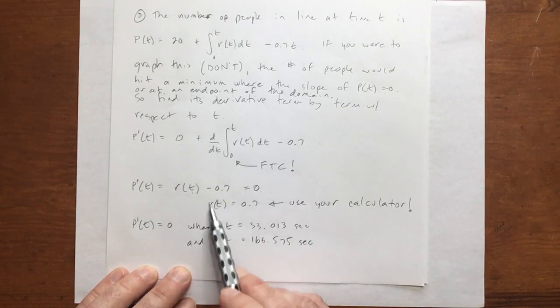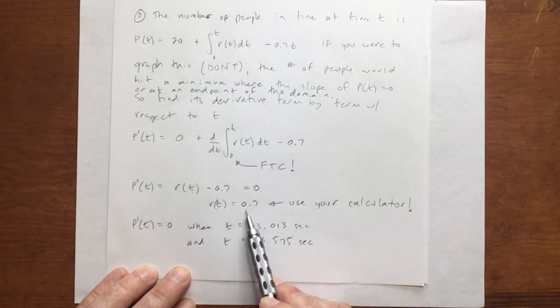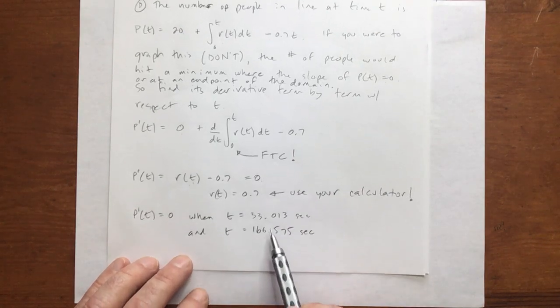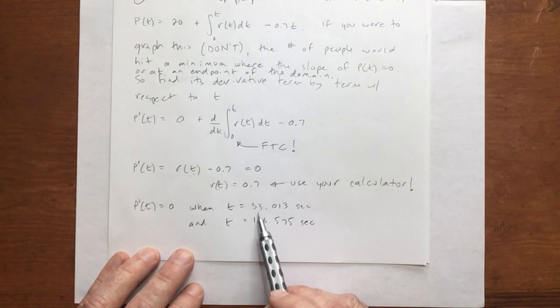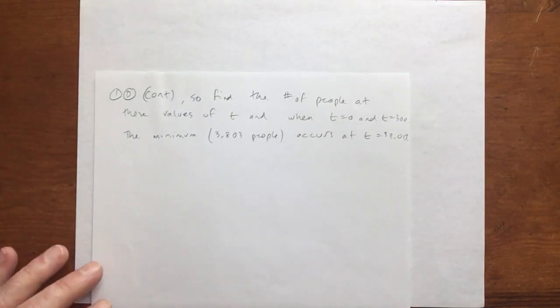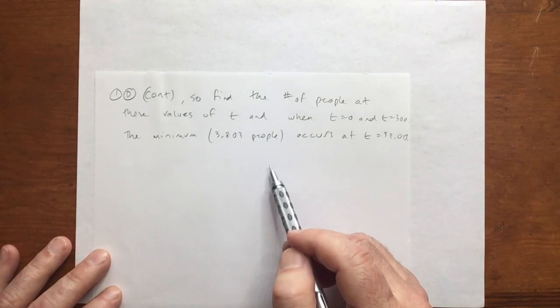Don't forget, you already entered this as y1, and you want to use your calculator to evaluate when it is equal to 0.7. Now you actually get two different answers on your calculator. t equals 33 and 166. And so what you want to do is find the number of people at those times.